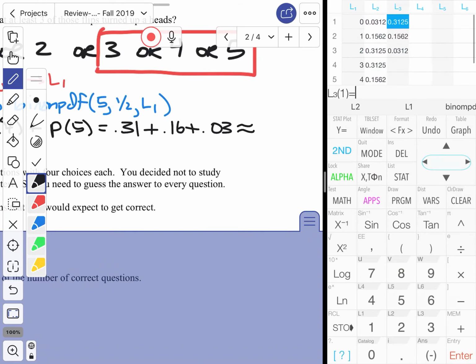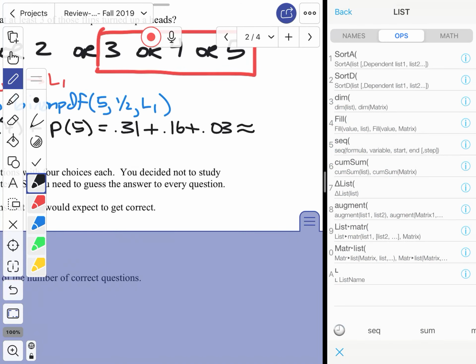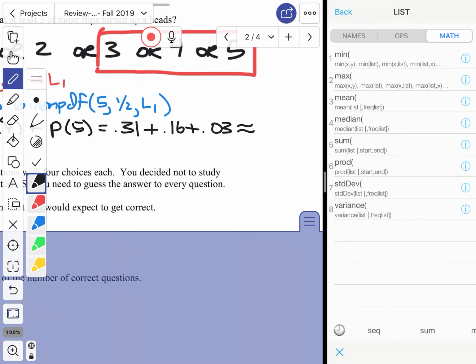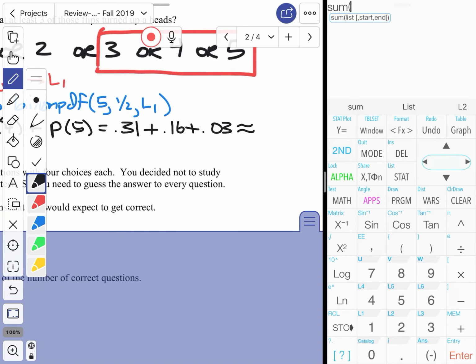All right, what we're going to do is use the sum function in our calculators to add up the values in L3. So I'm going to quit out of here. Second, stat, math 5, tell the calculator L3, and then hit enter, and shockingly it ends up being a clean 0.5.